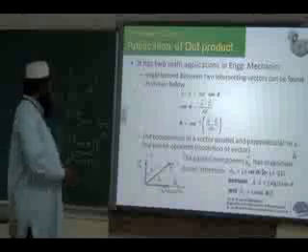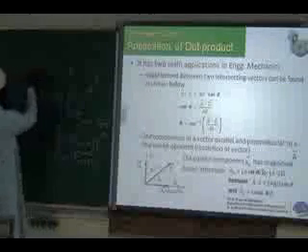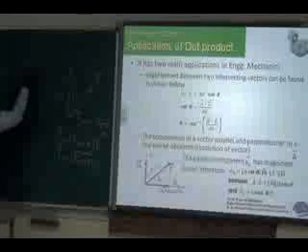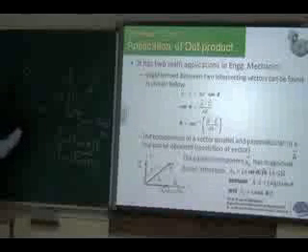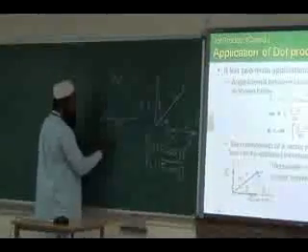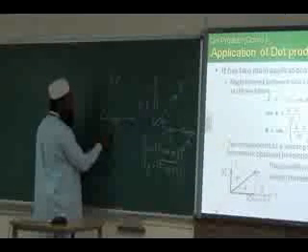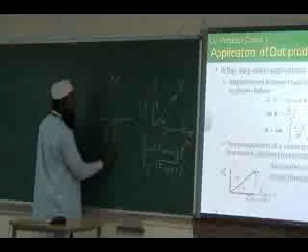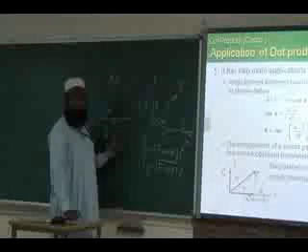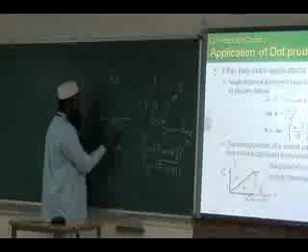You can find out, say for example, you have A and U, unit vector like this. This is the theta. So A dot U will be A cos theta.